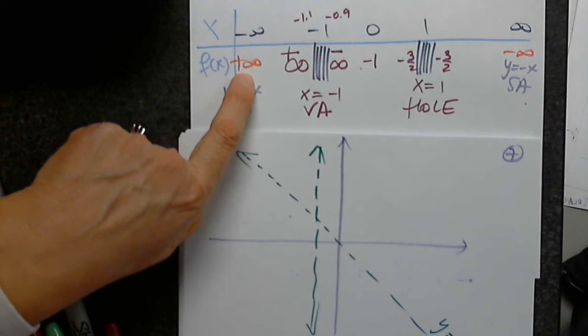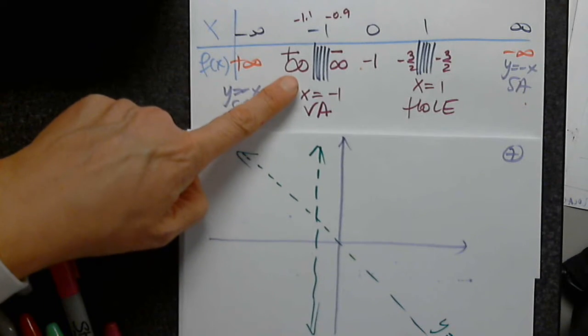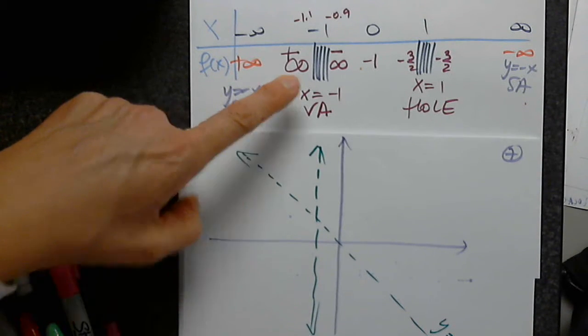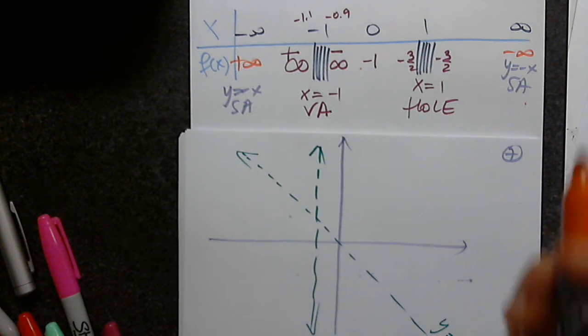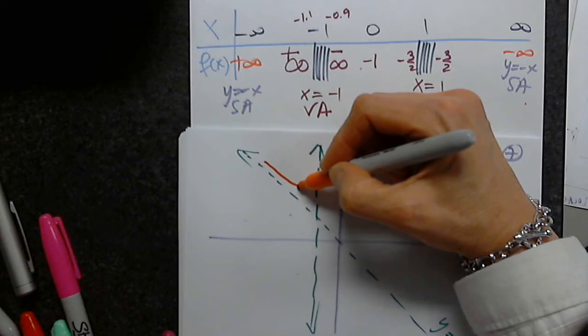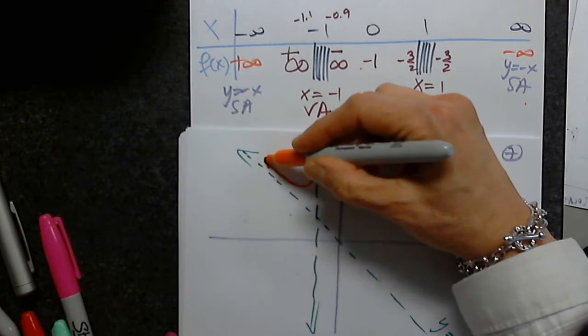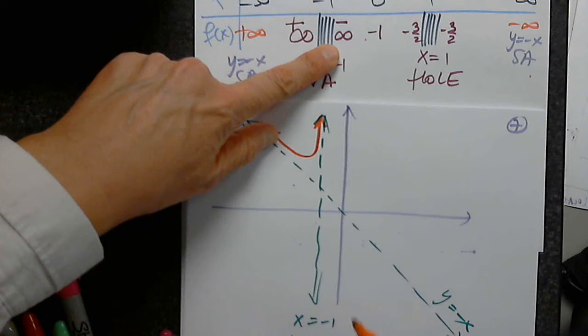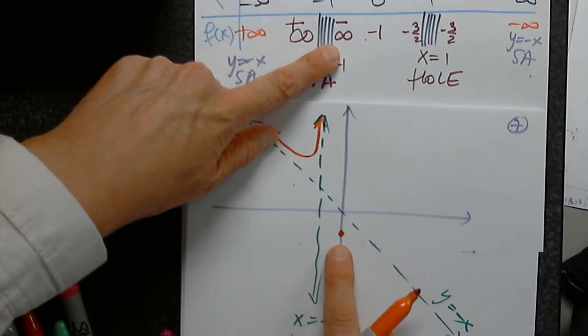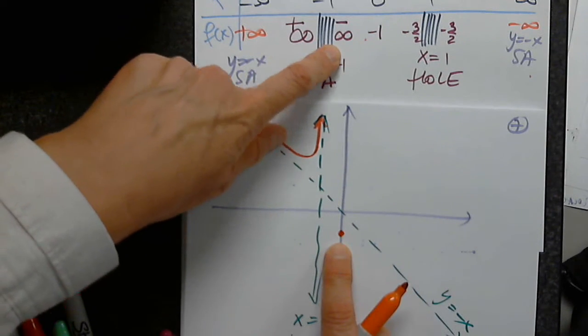From approaching the vertical asymptote towards infinity. No problem. Here it is. Now here, from negative infinity, we'll cross at 0, -1.